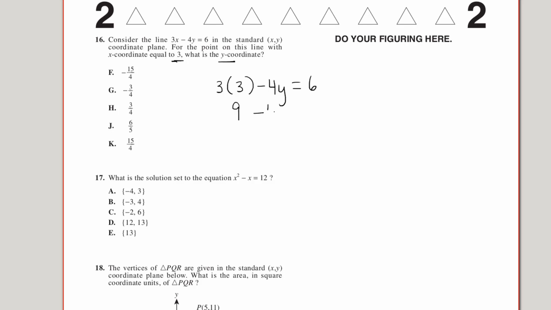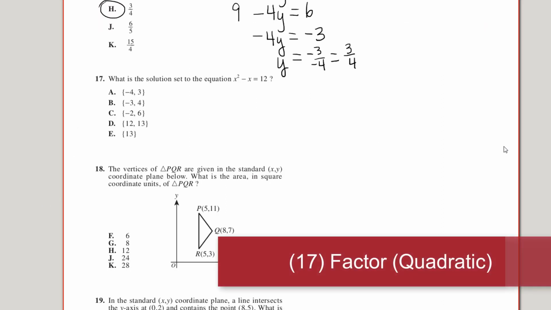So we get that 9 minus 4y is equal to 6. We're solving for y, so I'm going to subtract 9 from both sides, divide through by negative 4, and I get that y is equal to negative 3 over negative 4, which is really just 3 over 4, and that is answer choice H.